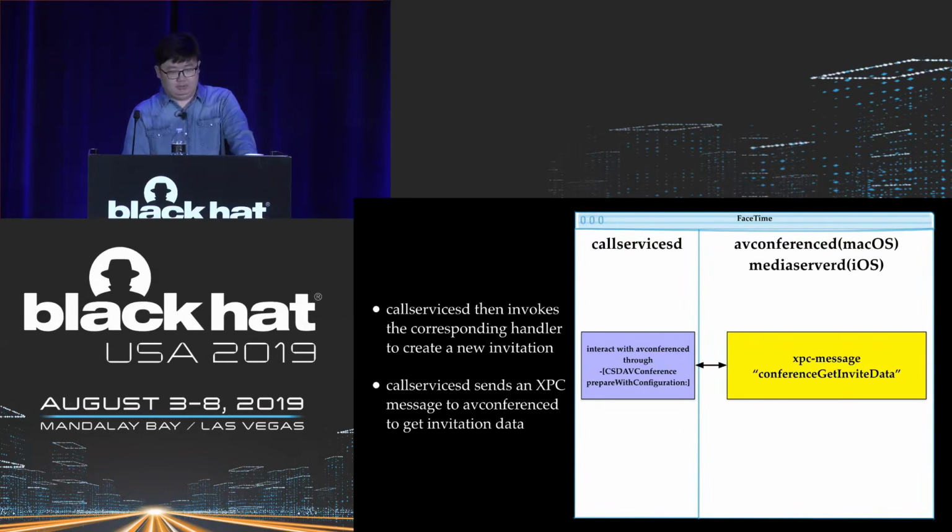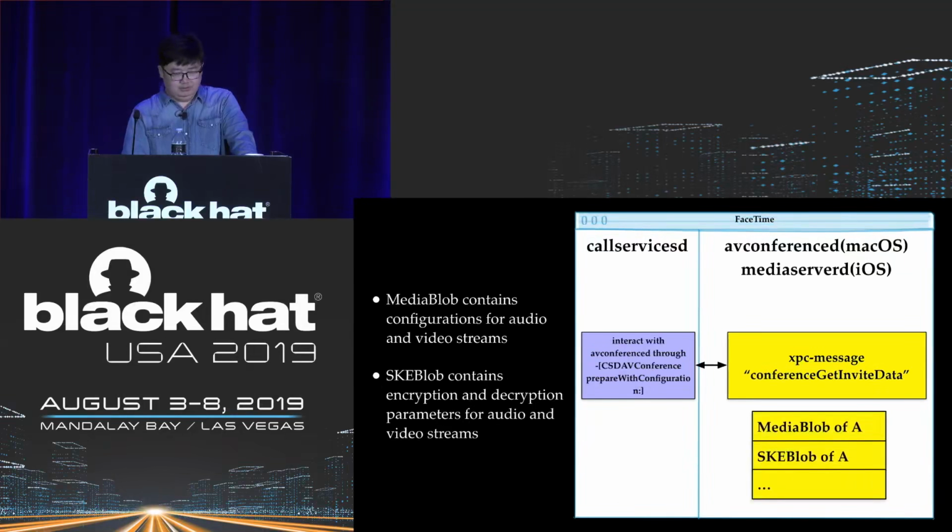So callservicesd will send an explicit message to AVConferenced to get the invitation data, through the function prepareWithConfiguration. The invite data consists of a media blob, an SKE blob, and some other information. The media blob contains the configuration for audio and video streams.